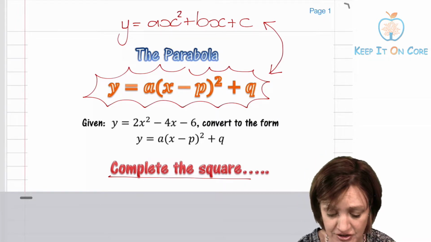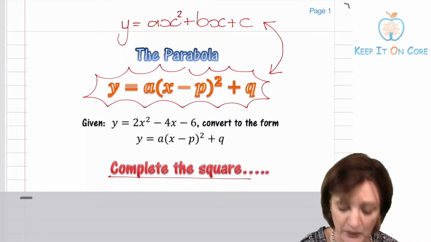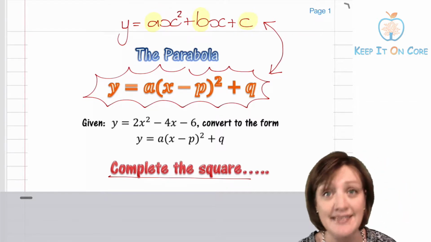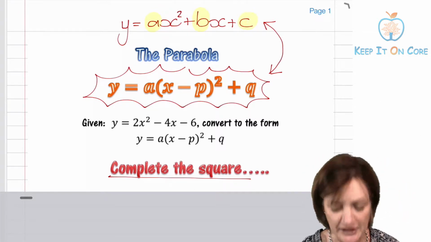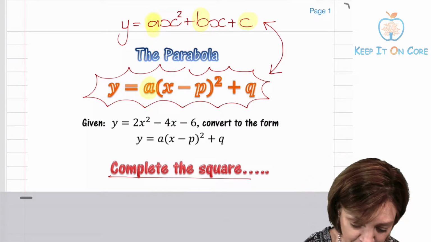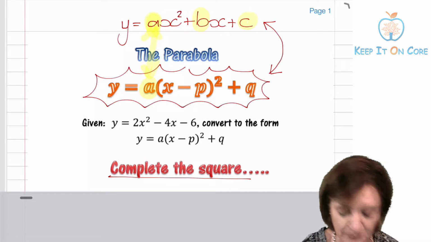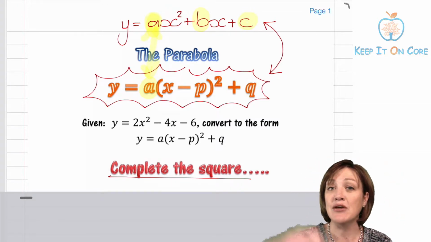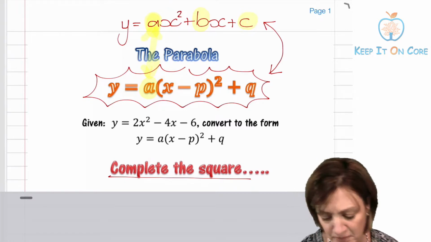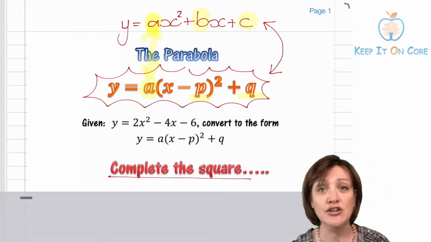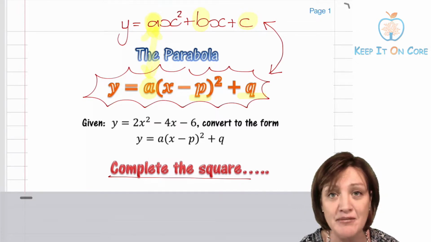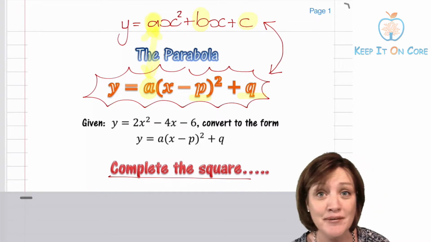In your original equation, the variables we were working with were a, b, and c. In the new equation, there's still an a, so because both have an a in front, they still represent the same thing: your vertical stretch or compression. However, the p and the q are two totally new variables, and because they're not the same as b and c, they don't represent the same thing.